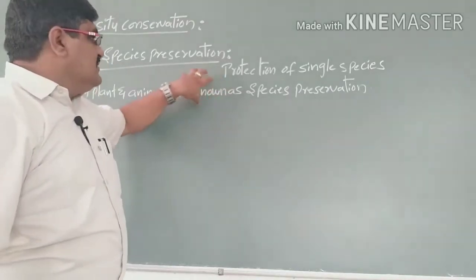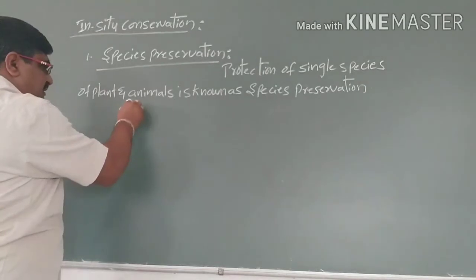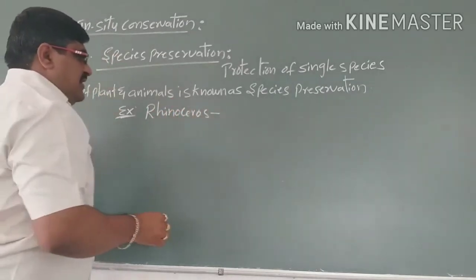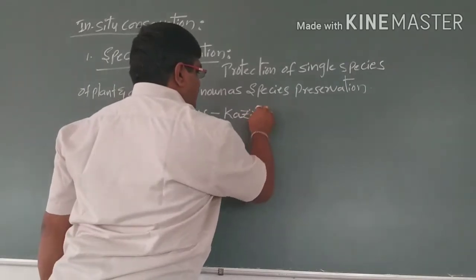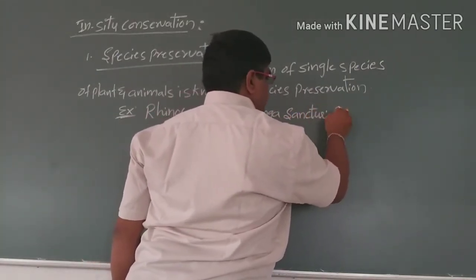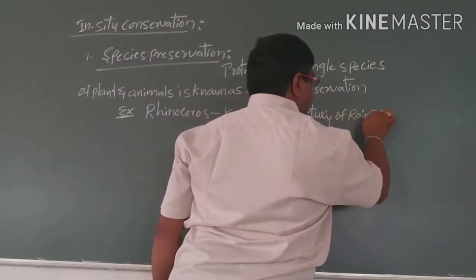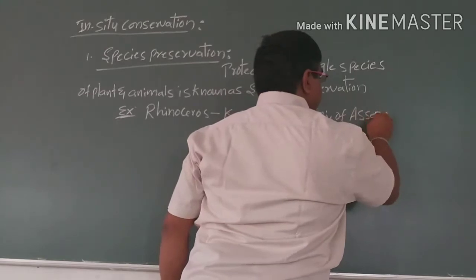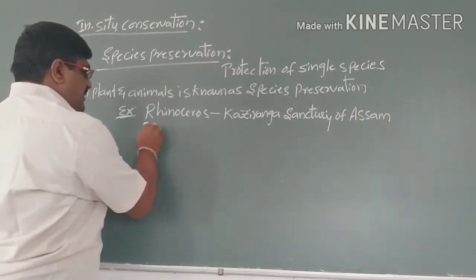For example, rhinoceros preservation in the Kaziranga sanctuary of Assam, and also the tigers, the great Indian tiger.